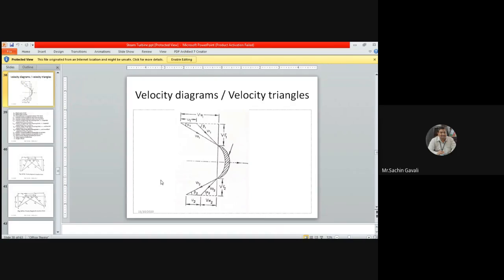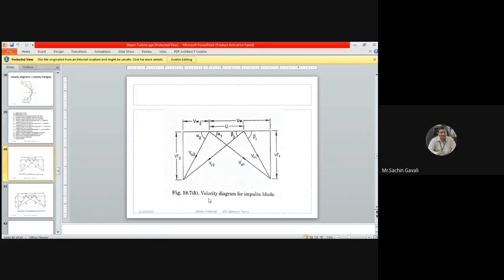The blade is moving for the inlet triangle as well as the outlet triangle with only a constant velocity, that is U. It is called the blade velocity. Therefore, common diagram means the blade velocity is taken common for both the inlet triangle and the outlet triangle.